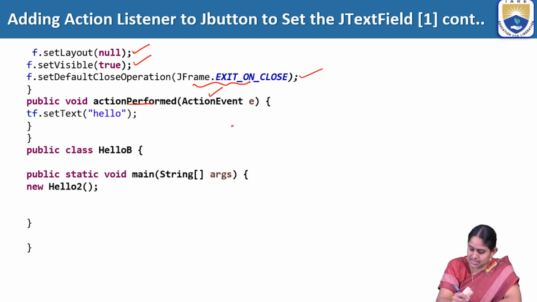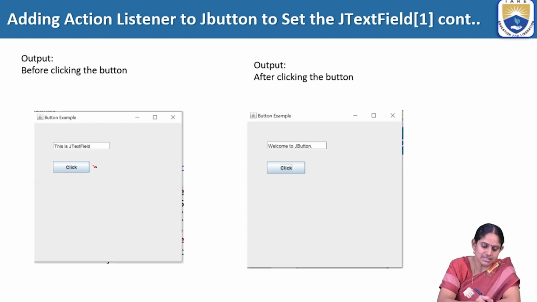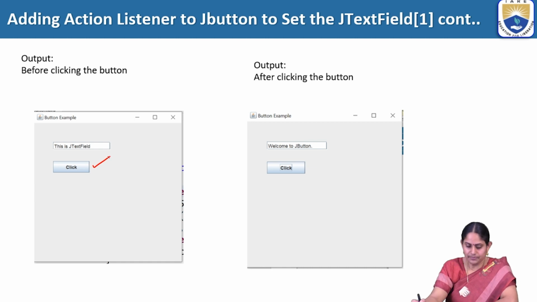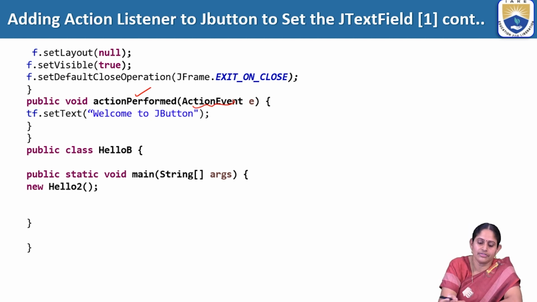Now when we press this button, it will trigger the actionPerformed method. So when we press the button, an event of type ActionEvent is created, an object of the event ActionEvent is created, and it is passed to the actionPerformed method of the ActionListener interface.